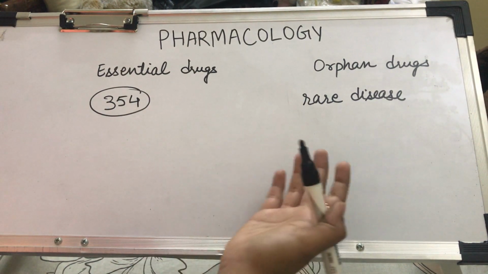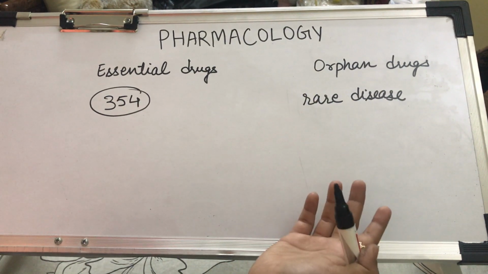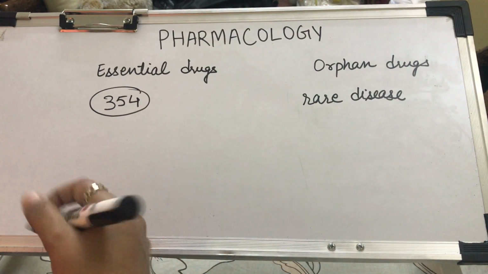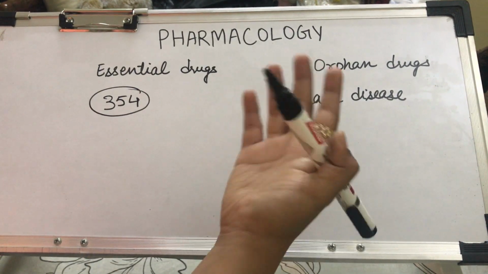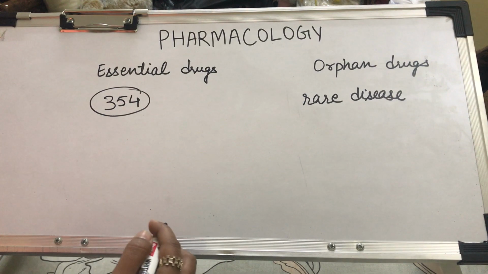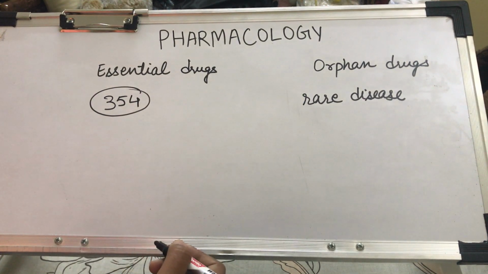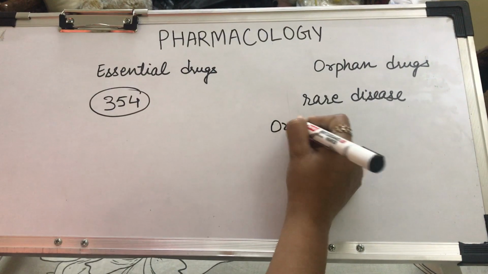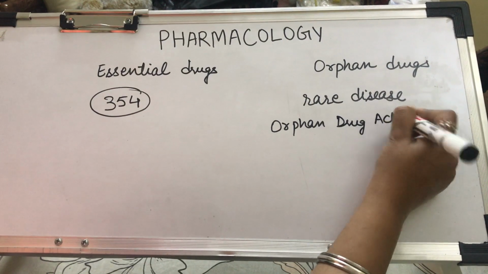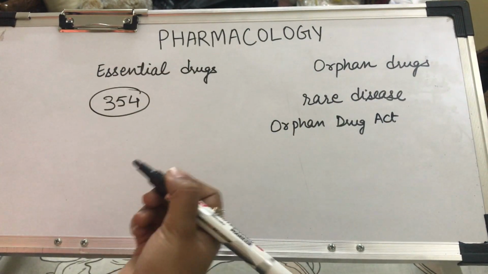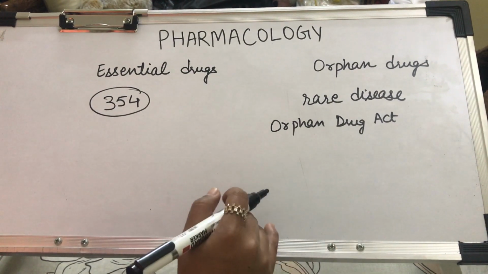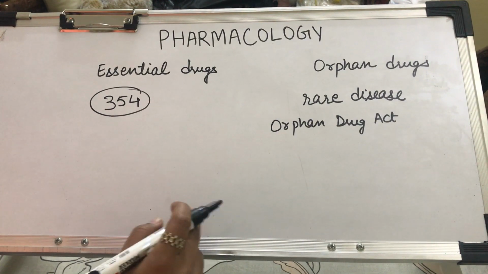But because these uncommon rare diseases do exist, these drugs need to be manufactured. So to encourage companies to manufacture these drugs, there is an act known as the Orphan Drug Act in the USA. In that act, they offer tax benefits and certain incentives to the companies which manufacture these orphan drugs.